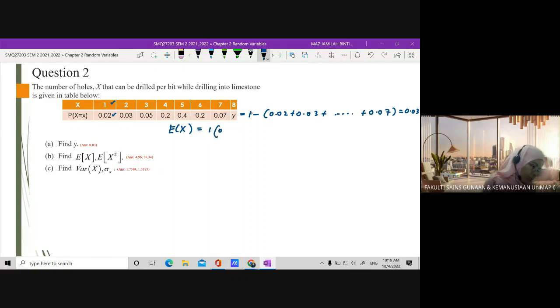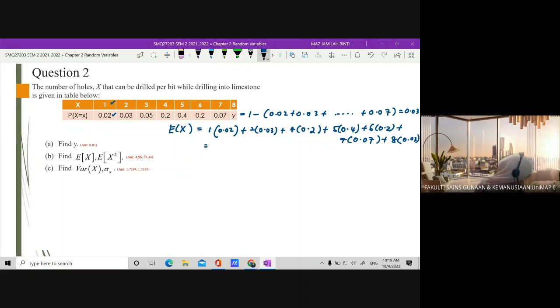So 1 times 0.02 plus 2 times 0.03 plus 4 times 0.2 so you will get 4.96 here.